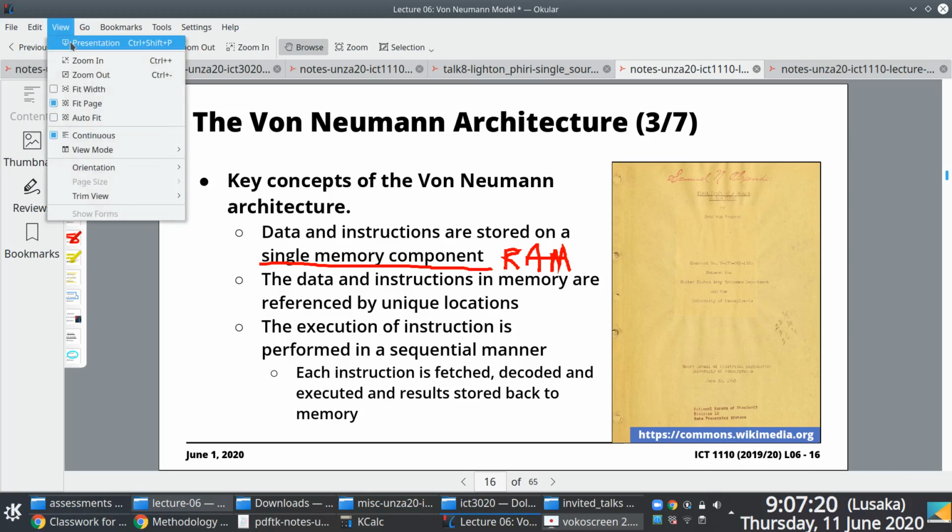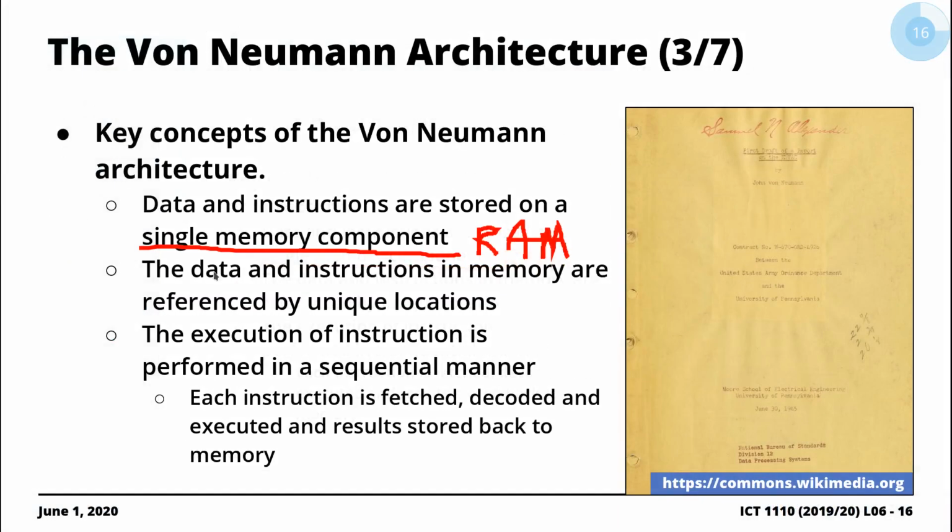The other key concept associated with the von Neumann architecture is that these data and instructions, once in memory, are referenced by making use of unique addresses associated with their locations in memory. So you typically have a unique memory address that you associate to the data and instructions once they're in memory, right?